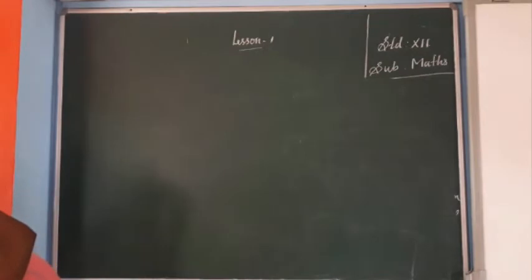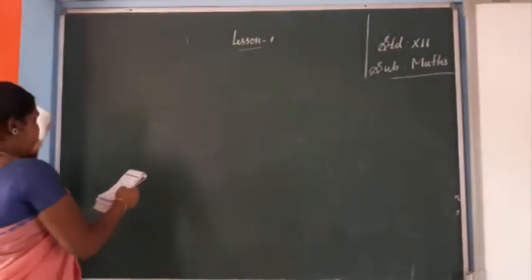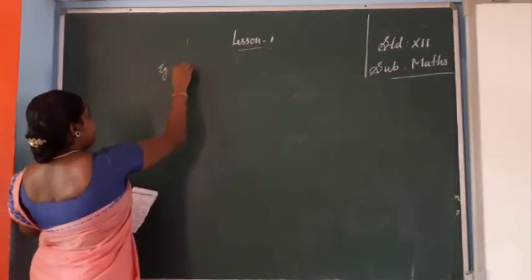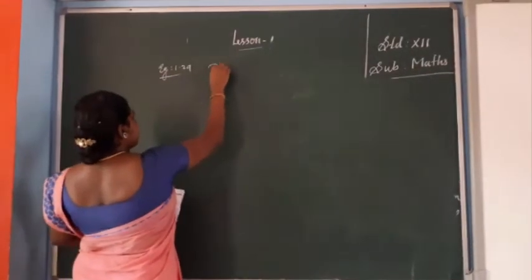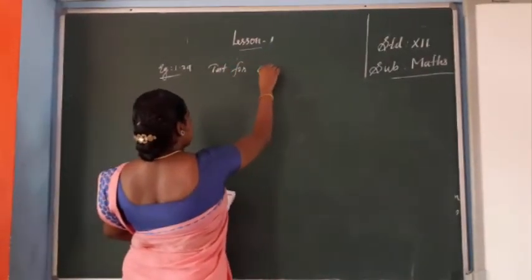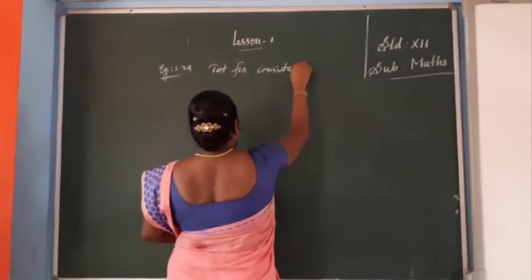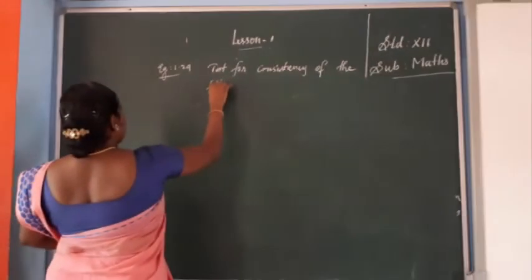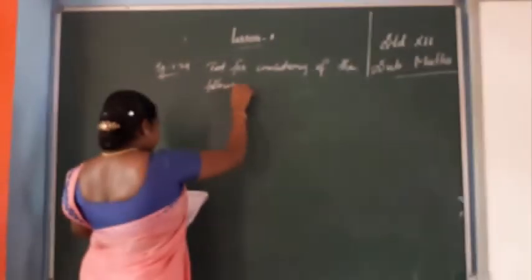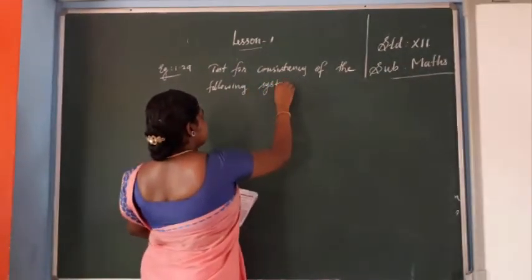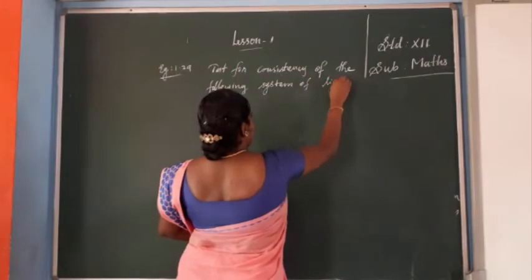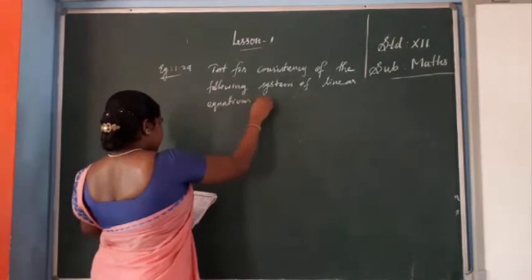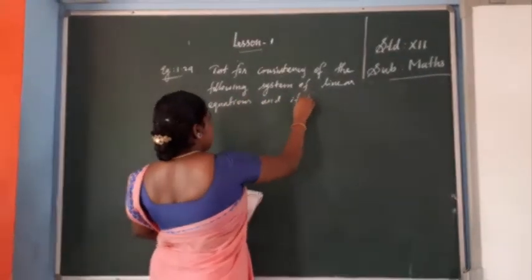Okay, next problem we can see. First problem, example 1.29. Test for consistency of the following system of linear equations, and if possible solve.